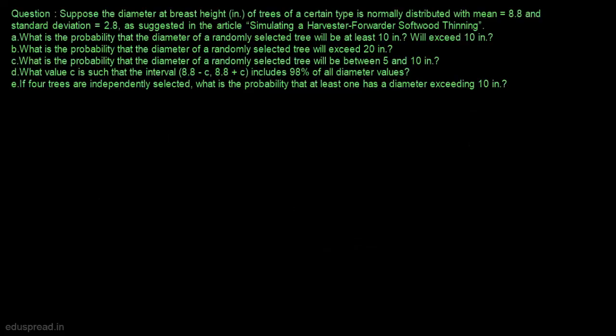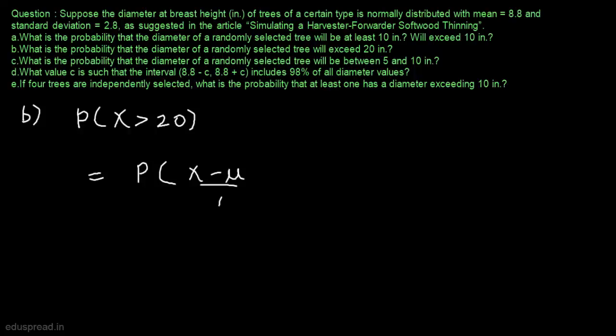In part B, we have to find the probability that the diameter of a randomly selected tree will exceed 20 inches. So that means we have to find the probability that X is strictly greater than 20. Well, we can normalize this and we can write that this is equivalent to finding the probability that (X minus mu) divided by sigma is greater than (20 minus mu) divided by sigma.